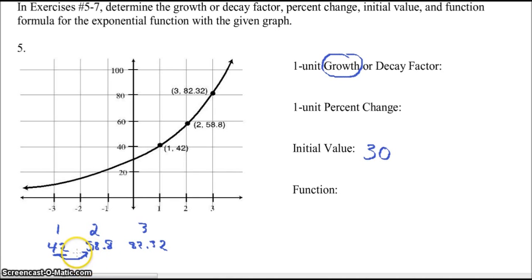So we could say 42 times g equals 58.8, or g is equal to 58.8 divided by 42.